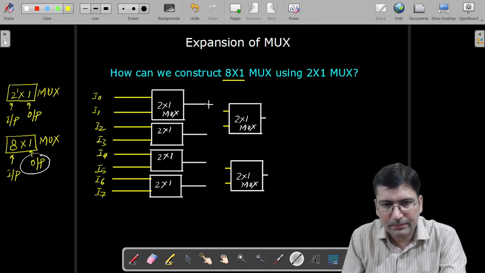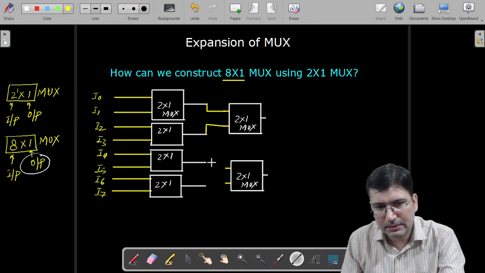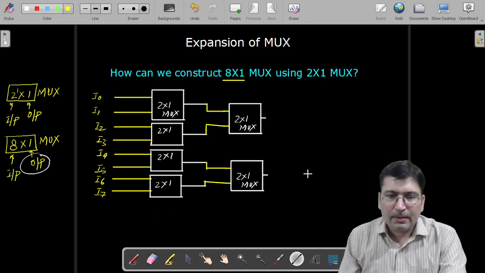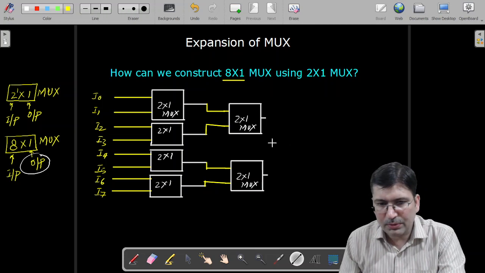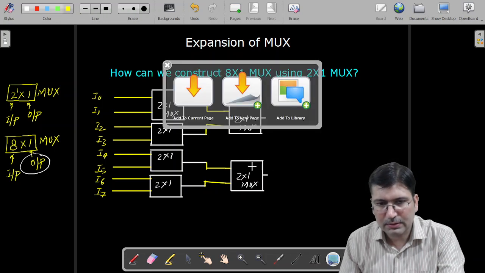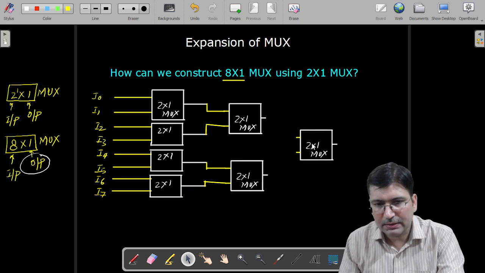We can connect them like this, and this output we can connect to this MUX like this. Similarly, this we can connect to this multiplexer, and this one can be connected to this multiplexer. But still we do not have a single output, so we again need a 2x1 MUX. One more 2x1 MUX we will require, so let's say I copy this.